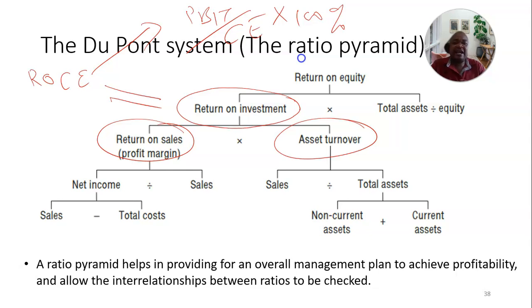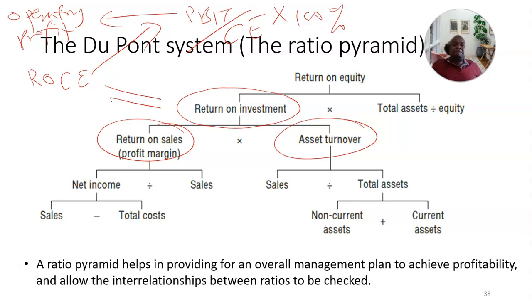Then another thing I have to point out is that the profit before interest and tax is sometimes called operating profit. So sometimes the examiner is not going to use the profit before interest and tax, but simply say operating profit. So you need to be able to discern what he or she would be referring to.